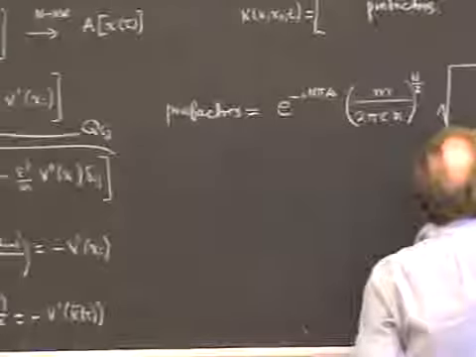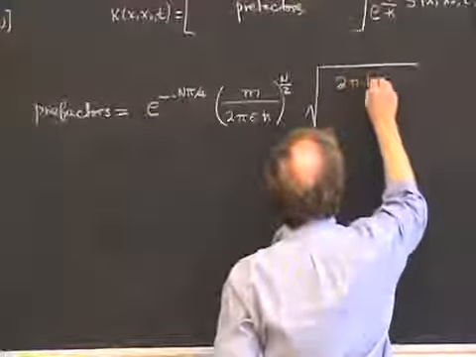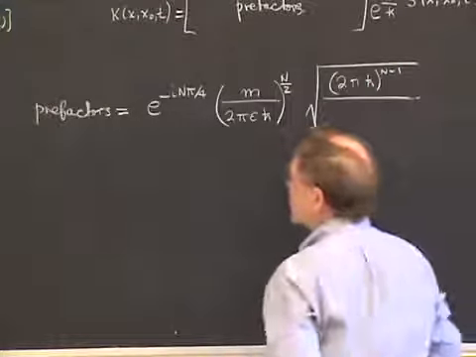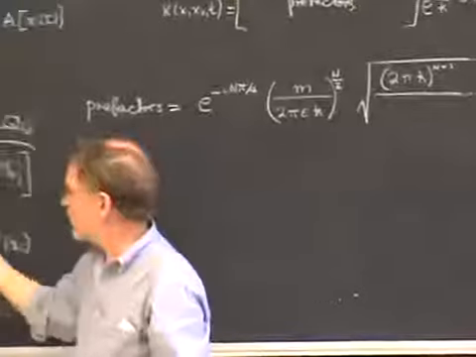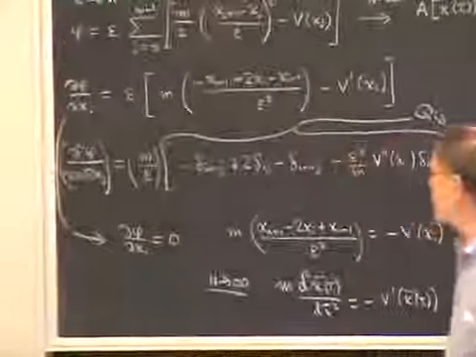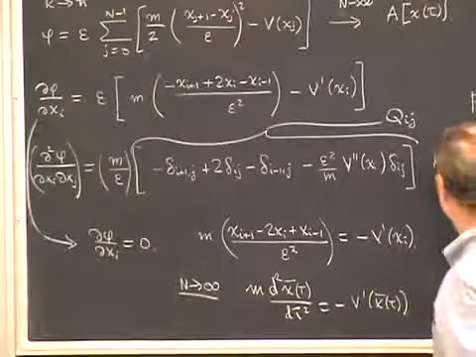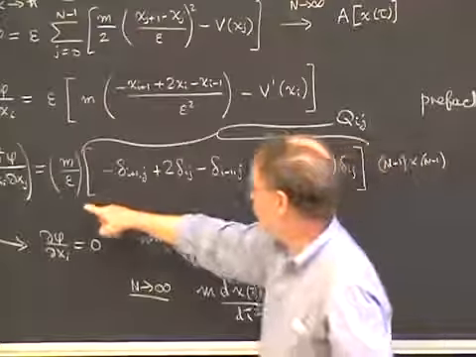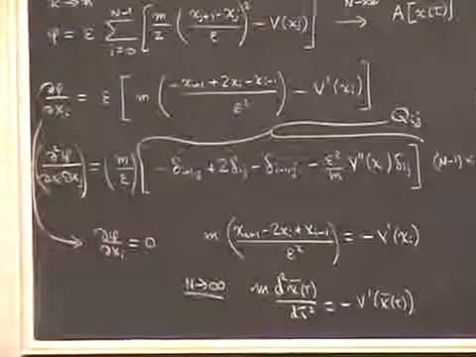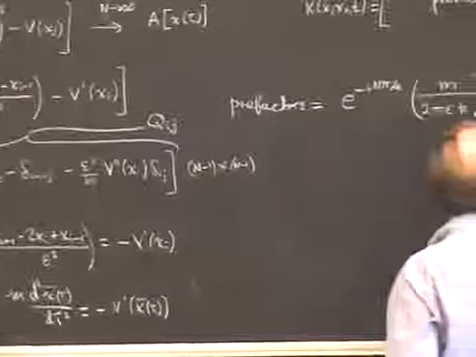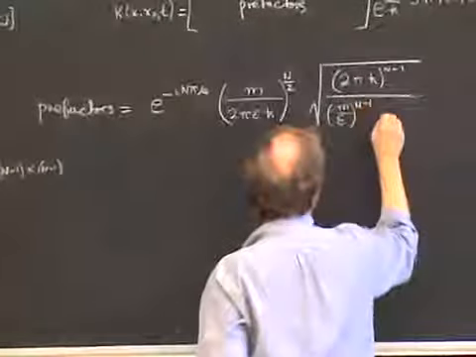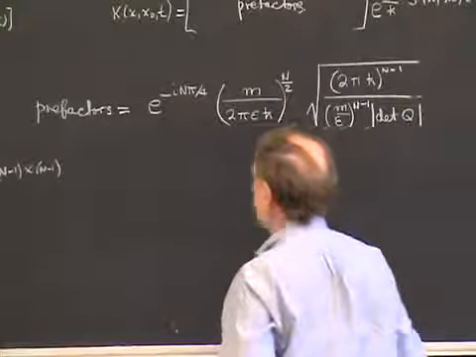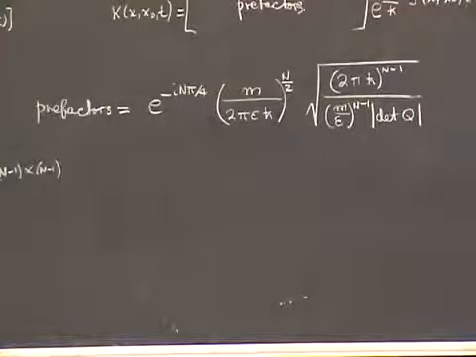It will be the square root of 2 pi h bar to the n minus 1 power. And then it's going to be the determinant of this thing, the second derivatives, but this is an n minus 1 by n minus 1 dimensional matrix. So we get the factor of m over epsilon to the n minus 1 power. And then what's left over is the determinant of q, which I have to put absolute value signs on. So those are the three factors.